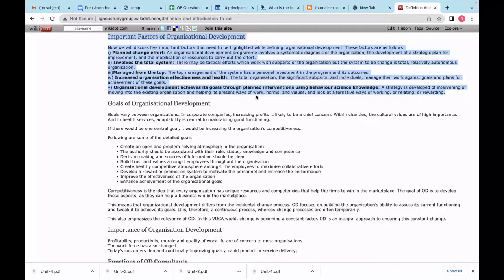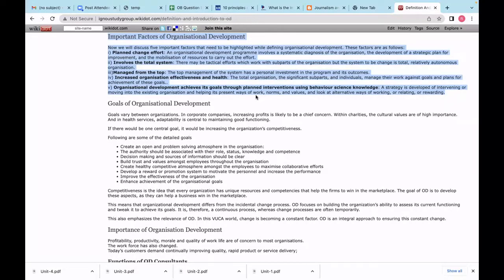Let me explain this point again. This is talking about the same thing as the first point, which is the planned change effort, but the key underlying aspect here is that it uses interventions to do that. What is an intervention? From the name, you can derive that something is going wrong, and you are intervening and changing it.